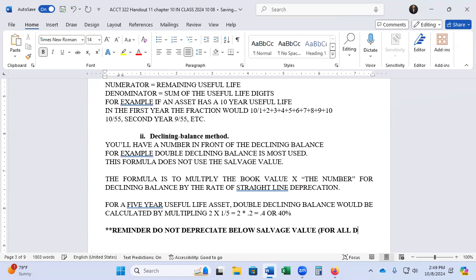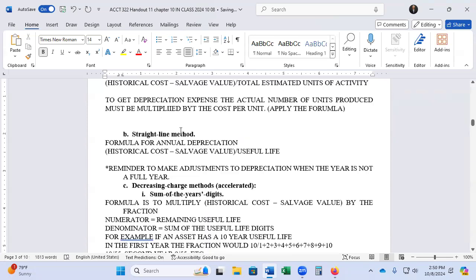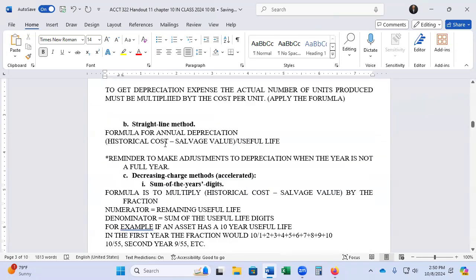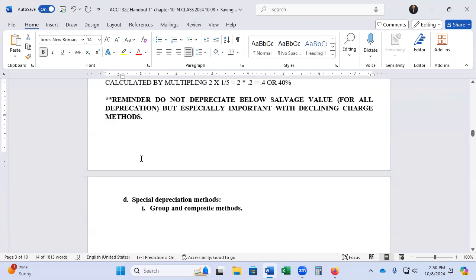And this goes for all depreciation, but it is especially important with declining charge methods. We'll bring that back down in a second.